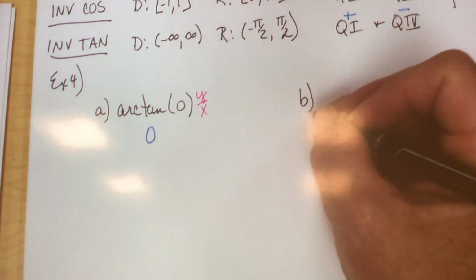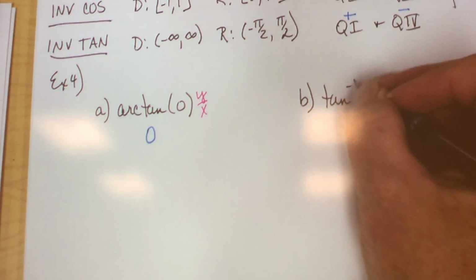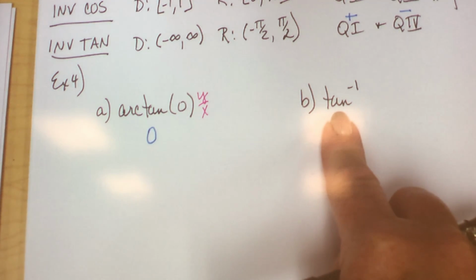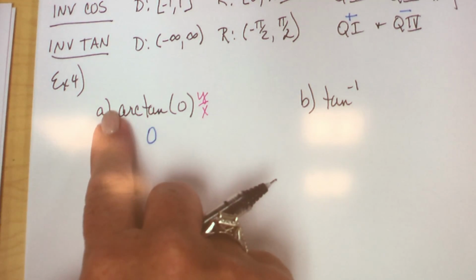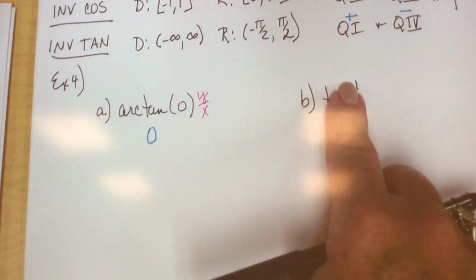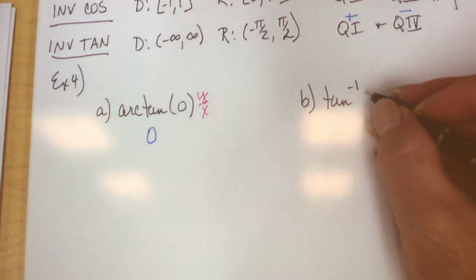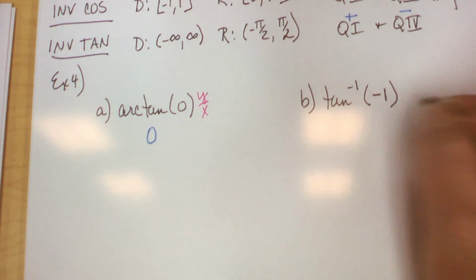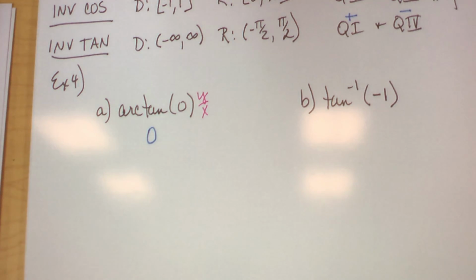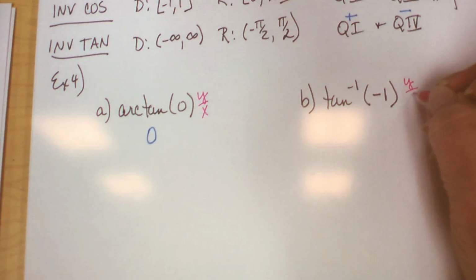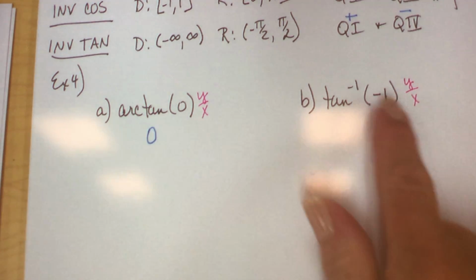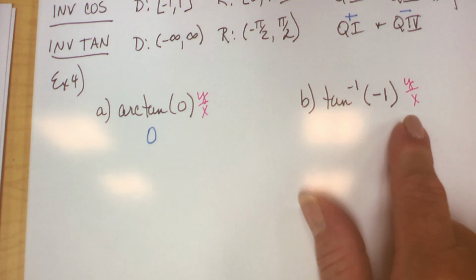All right, so let's do this one. Same thing, just a different way of writing it. Inverse tangent, arctangent, tan to the minus 1, those are all the same thing: the angle whose tangent is this number. Now look, it's still Y over X, guys. If you want it to be 1, what do Y and X have to be?